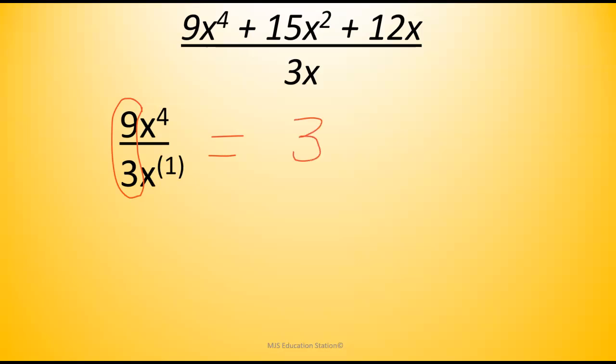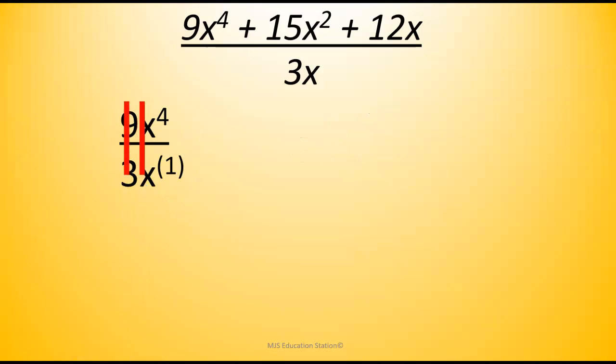Then we use our exponent rules. When you divide exponents, you subtract. So 4 minus 1 gives us a 3 as an exponent, and we still have x as our base.